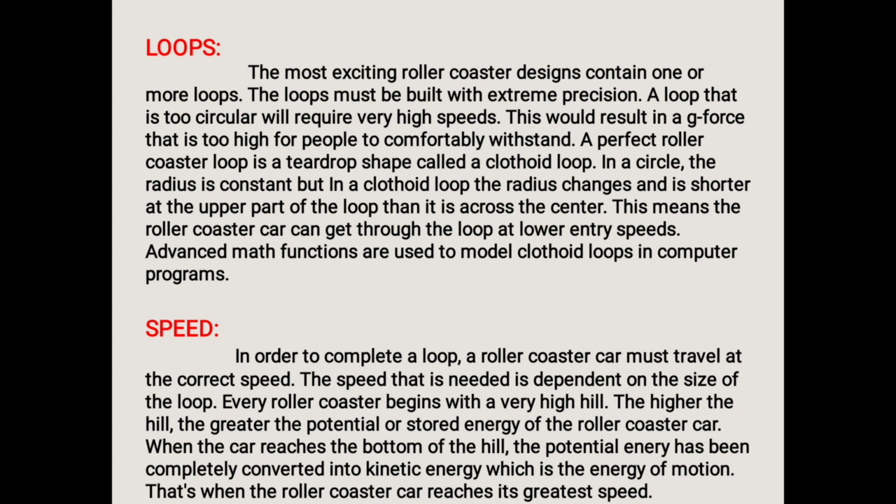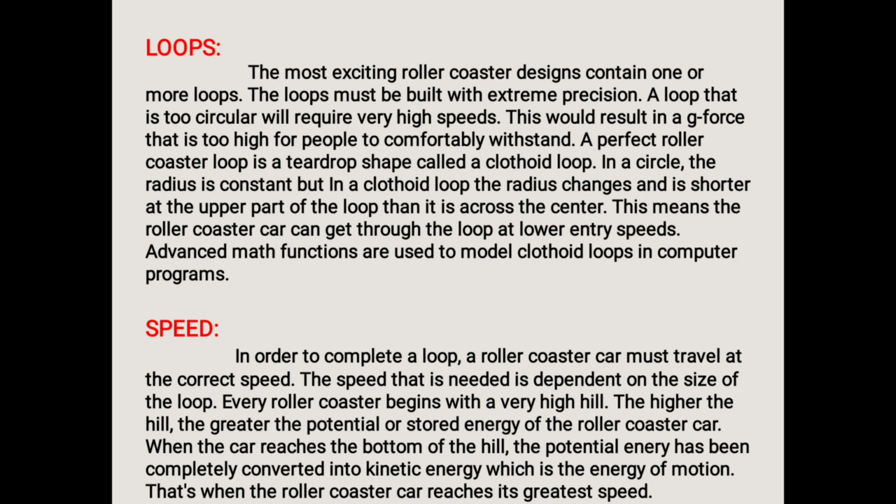A perfect roller coaster loop is a teardrop shape called a clothoid loop. This means the roller coaster car can get through the loop at lower entry speeds. Advanced math functions are used to model clothoid loops in computer programs.